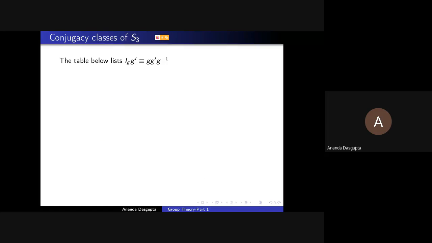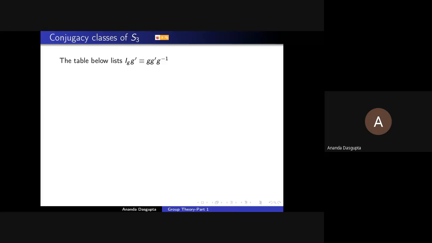So, well, this IG is a notation that we will come to very soon. It's called the inner automorphism. That's just a big sounding name. But IG is just a map which carries G prime to G G prime G inverse.